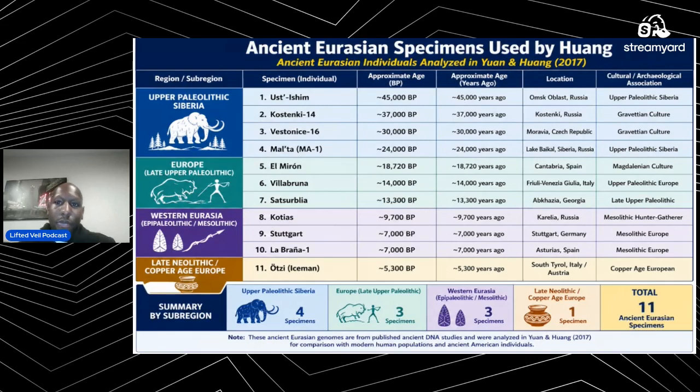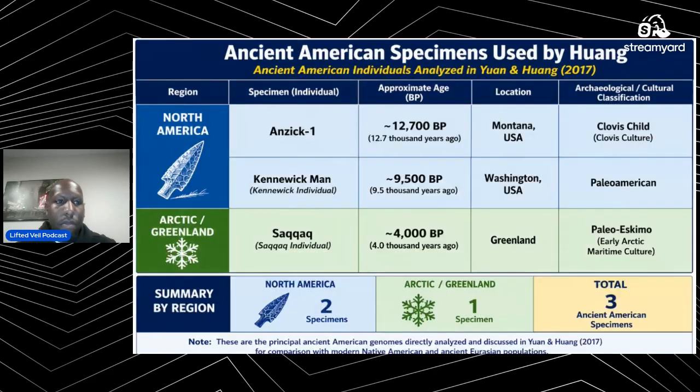Ancient Eurasian specimens used by Huang. Okay, ancient American specimens. I wasn't too far off of my age estimate for Anzac 1 and Kennewick Man. Three of those specimens were used.